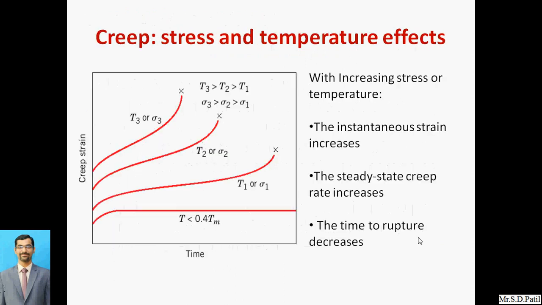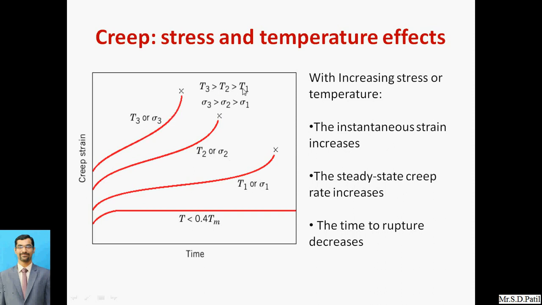has been formed. Now these are the stress and temperature effects on the creep. So this will be T1 or sigma 1, this will be T2 or sigma 2, this will be T3 or sigma 3.